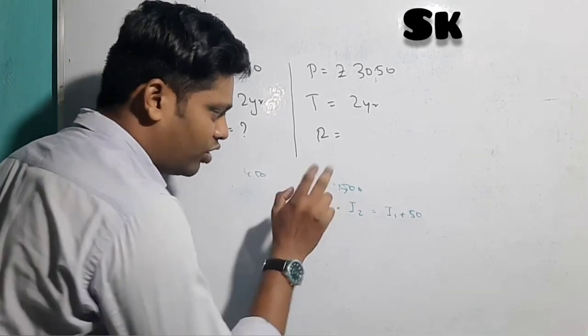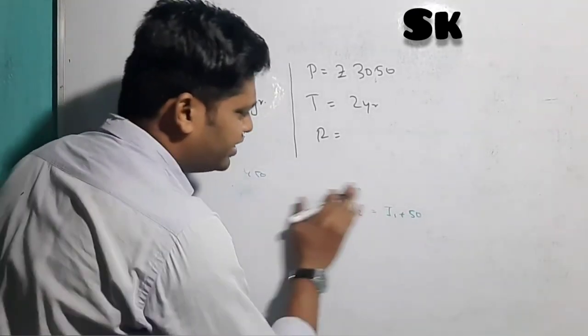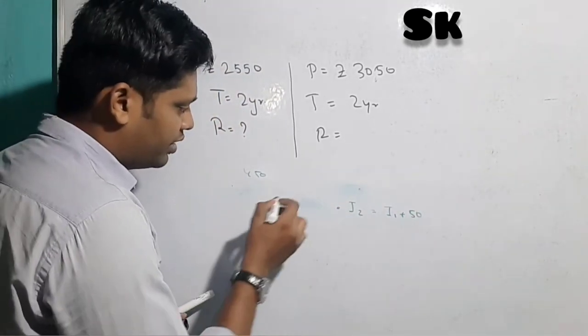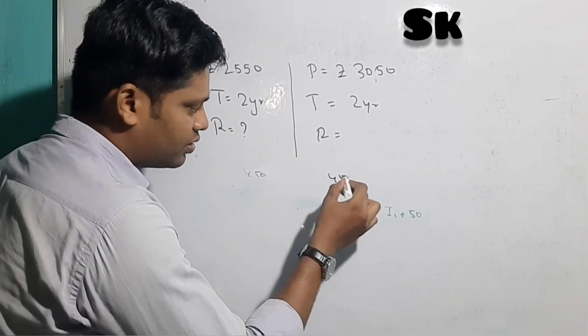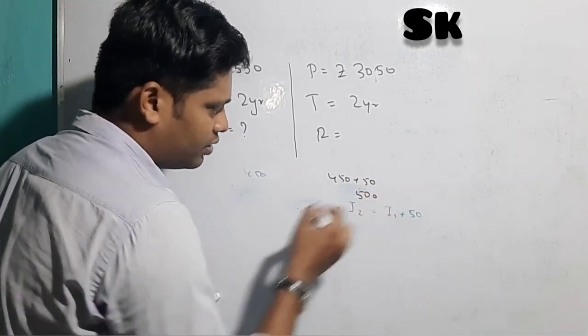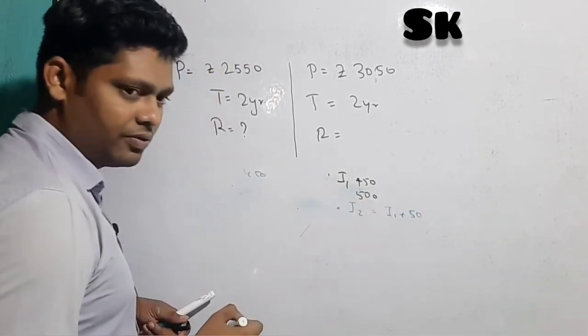So how will you write this one? If they are saying that this person has earned 50 rupees more, how will you write this? 500. This one I don't know, so interest 1 plus 50.